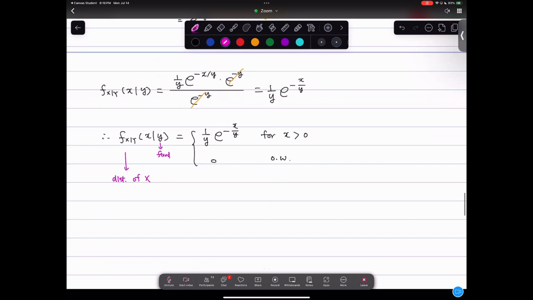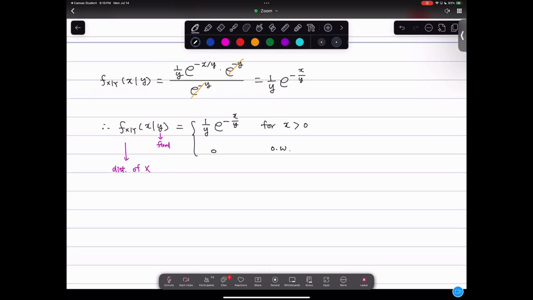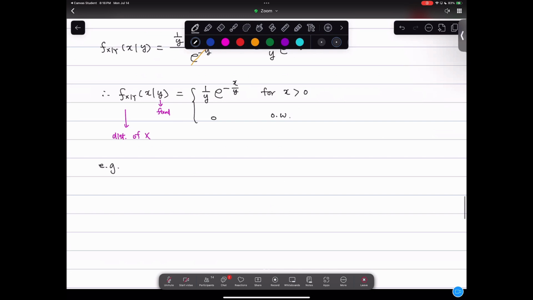So I'm looking at this conditional PDF, and let me give you an example. What does that mean? If I pick one particular value, for example, let's get x given y, and I'm going to pick y value of 2. If y happens to be 2, then in that conditional PDF, the y value is going to be 2.